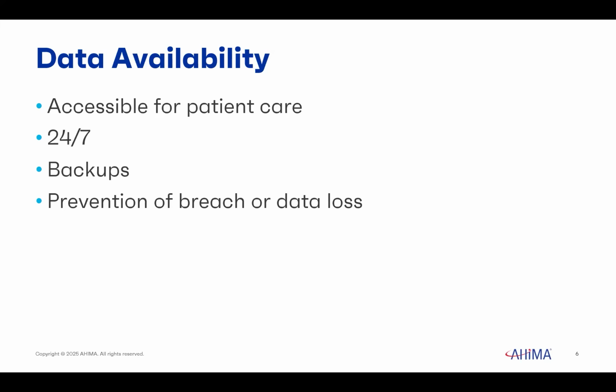To do that, we need a system that's available 24 hours a day. We also need backups. Systems fail, so we need some sort of way of backing up data. So if a server goes down, we have backup servers and we can go on without any loss of data.